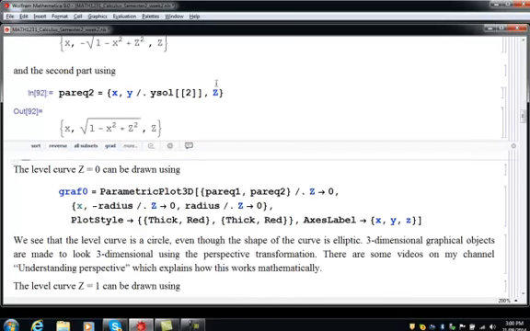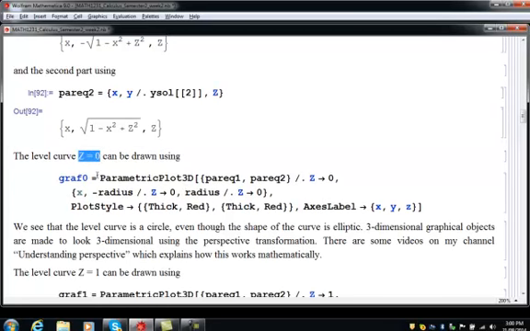And now we can draw the level curve z equals 0. So we use this Mathematica function called ParametricPlot3D, and we take the two parametric equations and we set the value of z equal to 0, and we plot that for x between minus the radius and plus the radius.